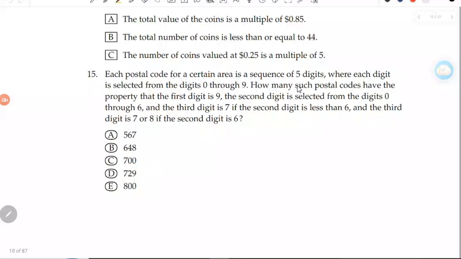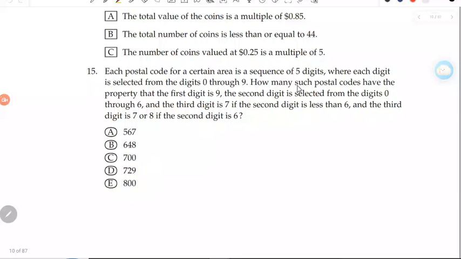Each postal code for a certain area is a sequence of 5 digits, where each digit is selected from the digits 0 to 9. How many such postal codes have the property that the first digit is 9, the second digit is selected from the digits 0 through 6, and the third digit is 7?